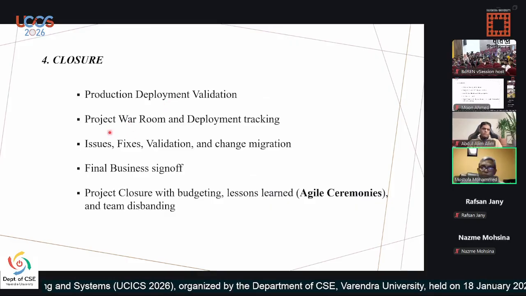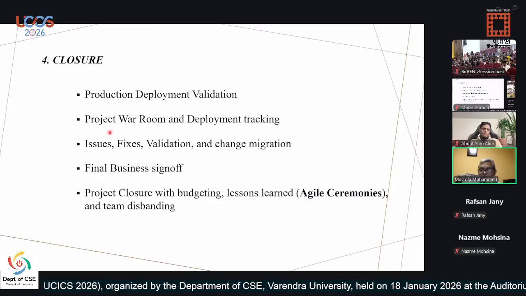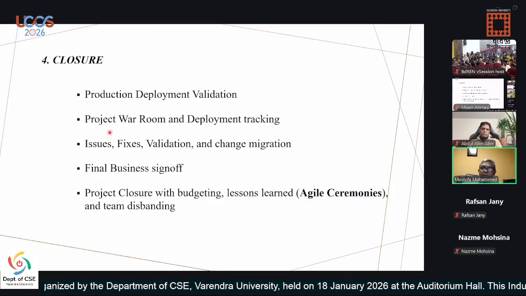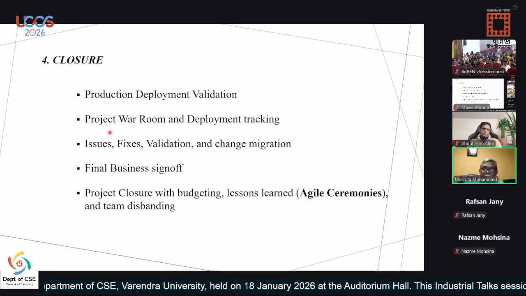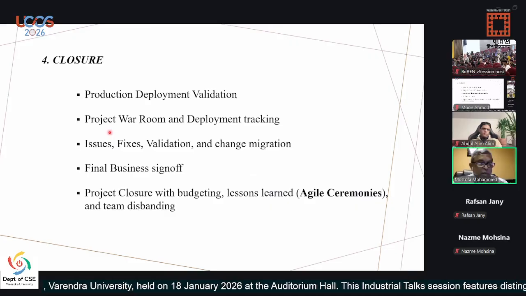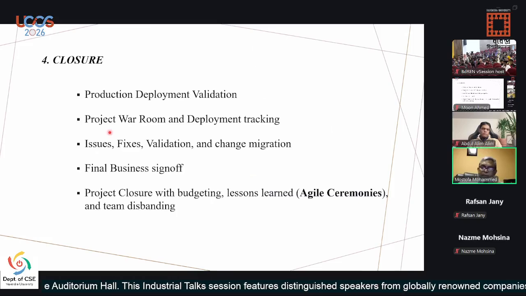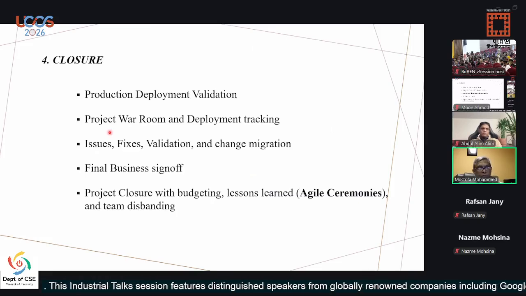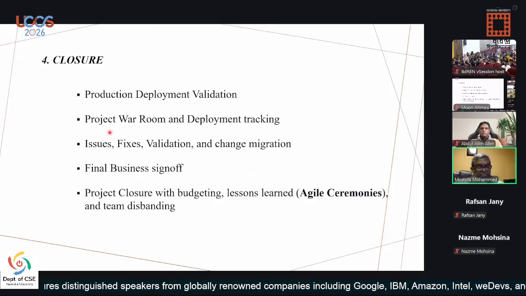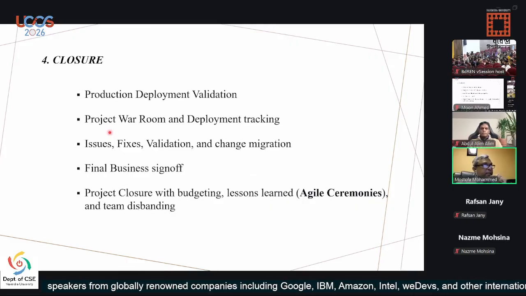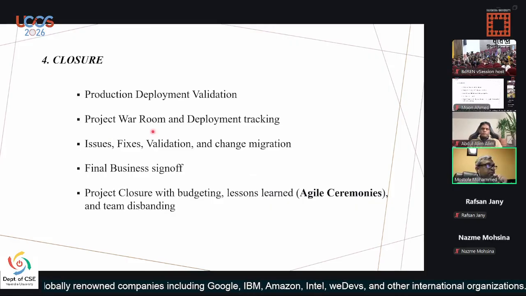Usually for bigger projects, once you move the code to production, you have a war room where all the key stakeholders meet either every day in a week, given the seriousness of the project, or the number of issues that are being raised in a given project.